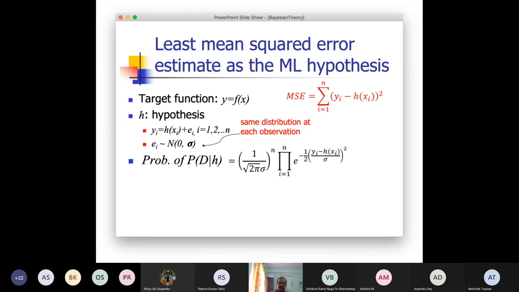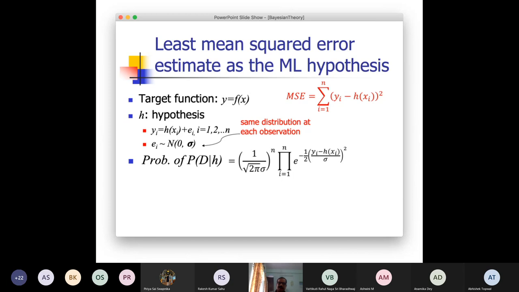Your objective in the maximum likelihood estimate is to get the hypothesis which will maximize this joint probability. I'm saying joint because each individual observation is given this term. Actually, we are going to maximize this probability, the likelihood of the data given the hypothesis.